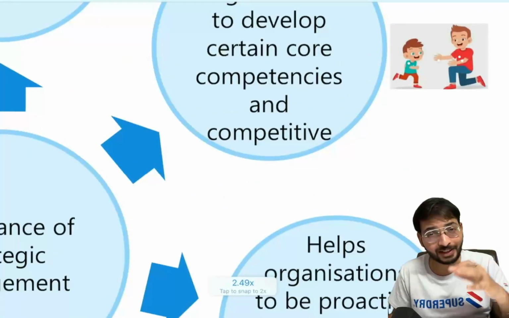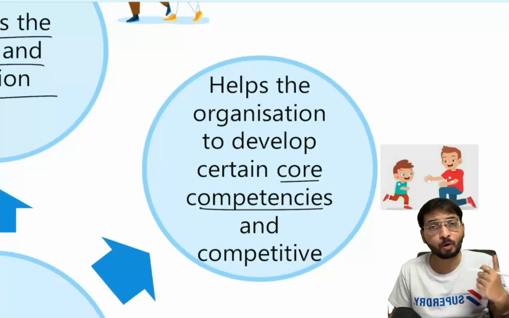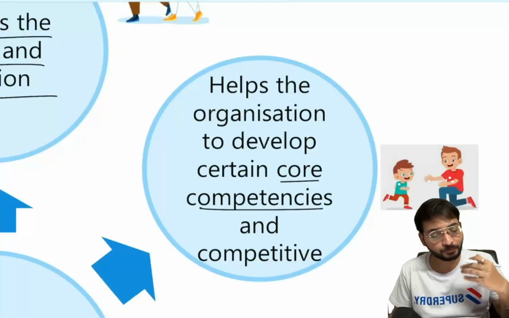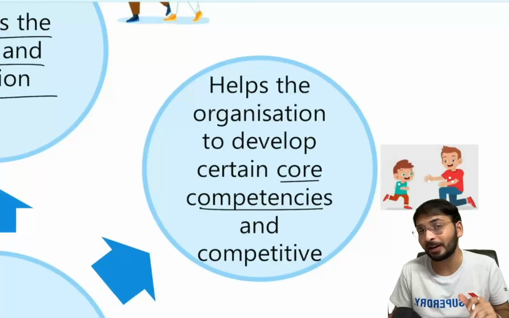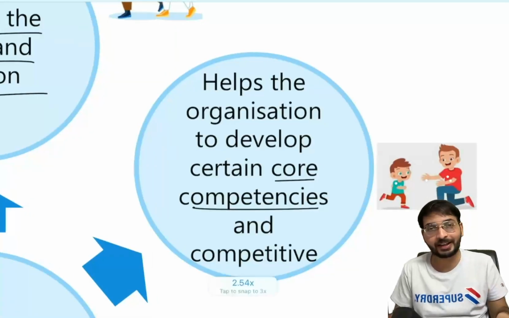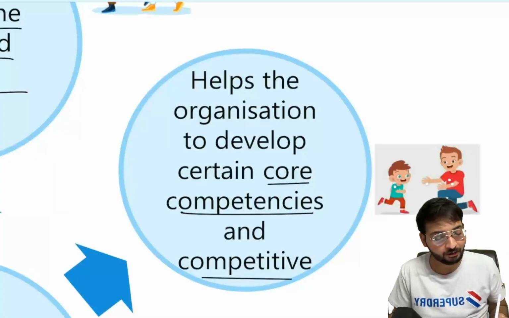The entire plus is called what? Core competency. See guys, Apple's core competency. Core competency is the factor in which you are better than your competitors. So what is Apple's? Security. What is Zudio's core competency? Yes, exactly. It's the low pricing strategy, low clothing strategy. So that is called core competency and competitive features.